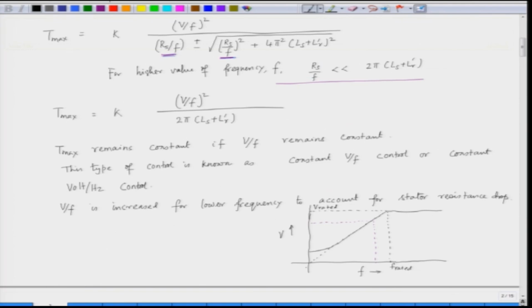So, the voltage is maintained constant. This is the function graphically plotted here, and as we go on varying the frequency, we have to increase the voltage initially, and after the rated frequency, voltage is maintained constant. Now, this we have to implement when we realize a constant V by f controlled induction motor drive.